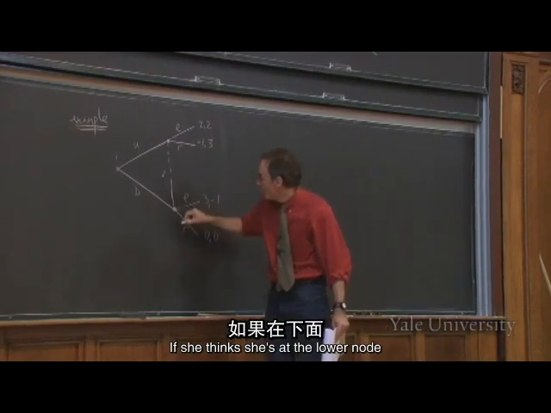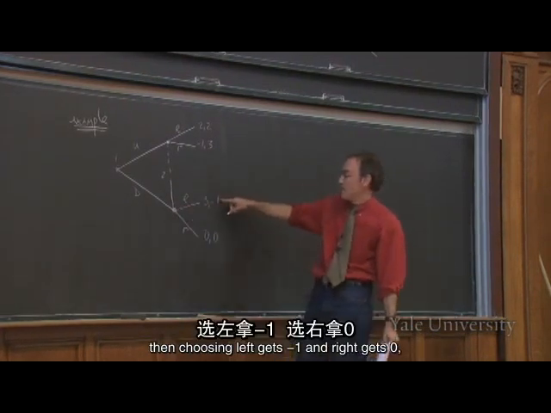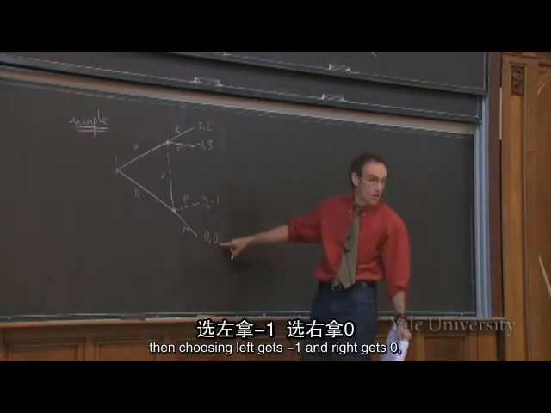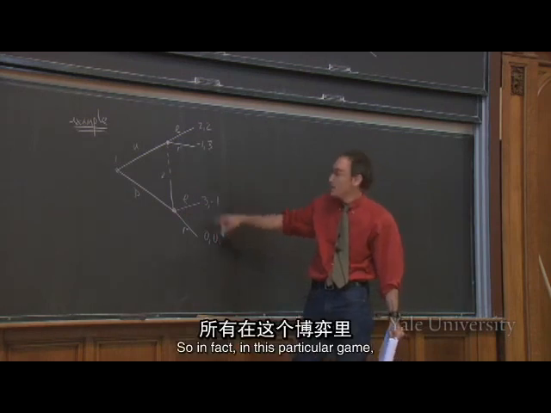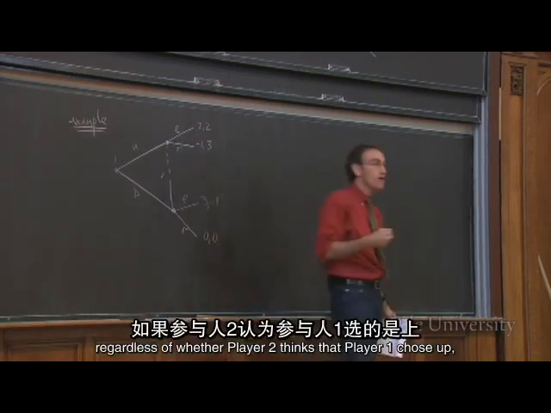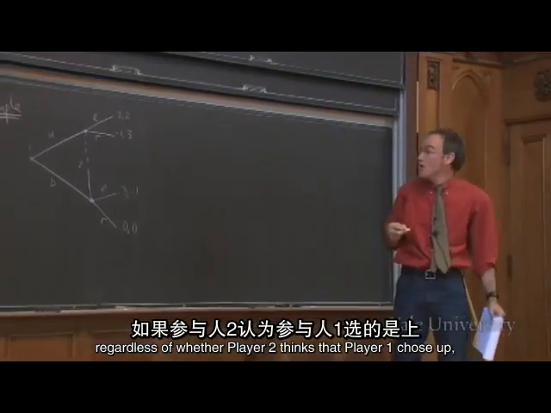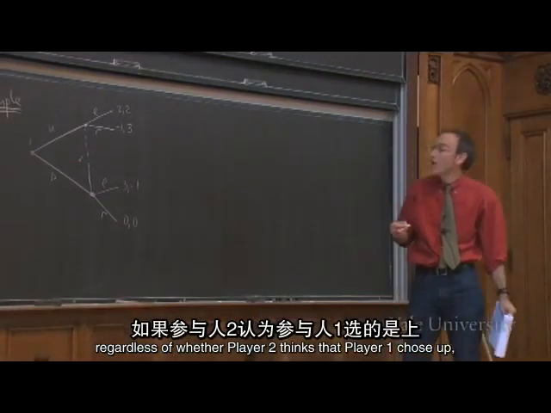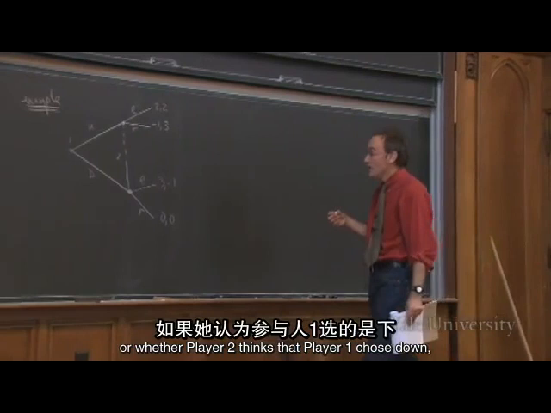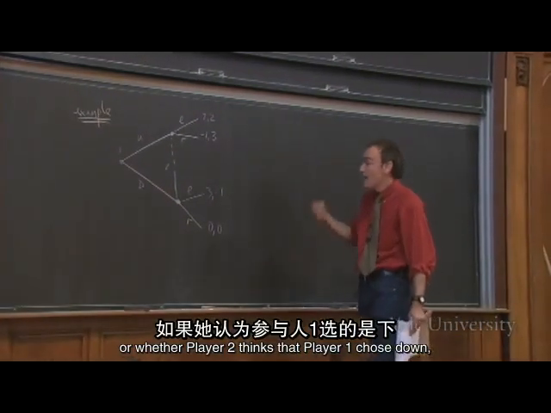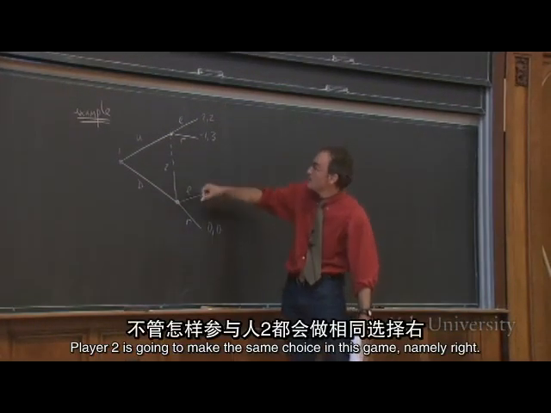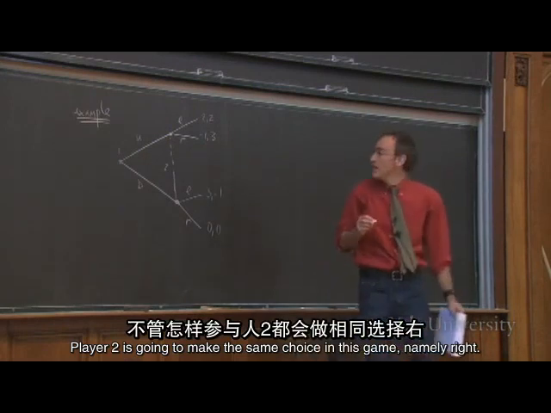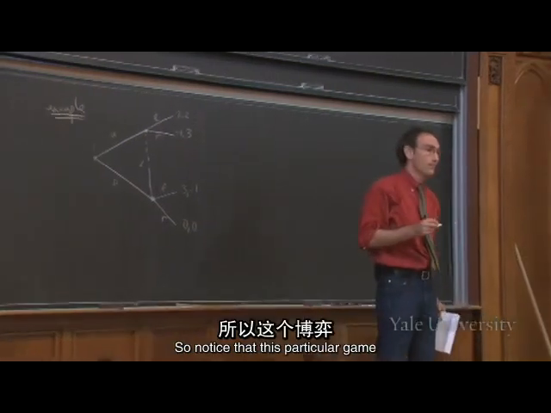If she thinks she's at the lower node, then choosing left gets minus 1 and right gets 0, so once again right is better. So in fact in this particular game, regardless of whether player 2 thinks that player 1 chose up, and hence she's at the upper node, or whether player 2 thinks that player 1 chose down, and hence she's at the lower node, player 2 is going to make the same choice in this game, namely right.